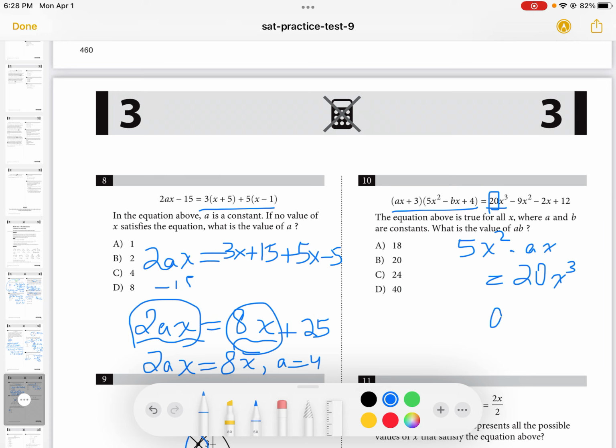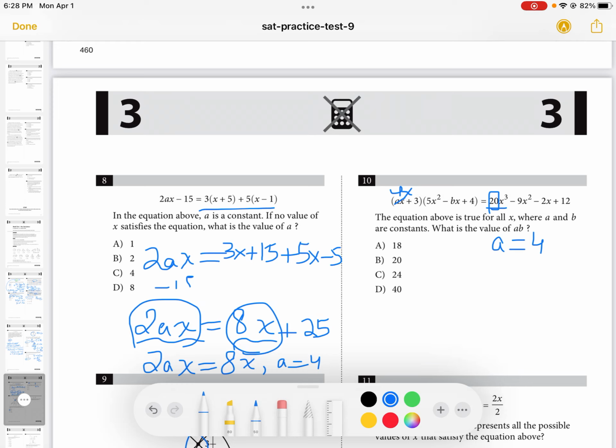So that means a has to be 4. So we'll keep that in mind. So instead of ax, we can write this as 4x. So a is 4.